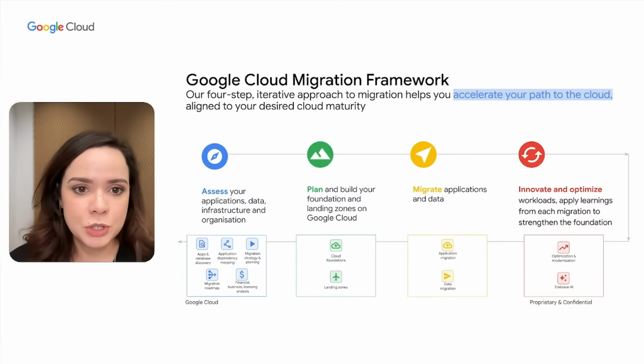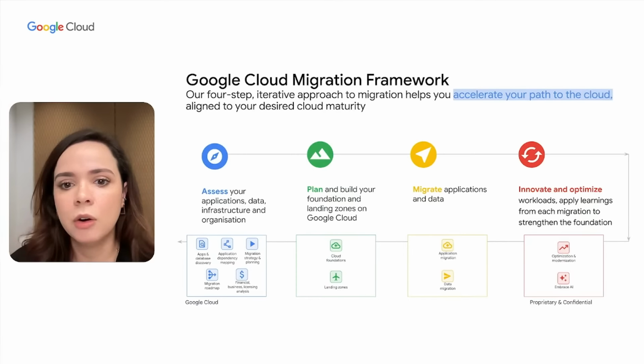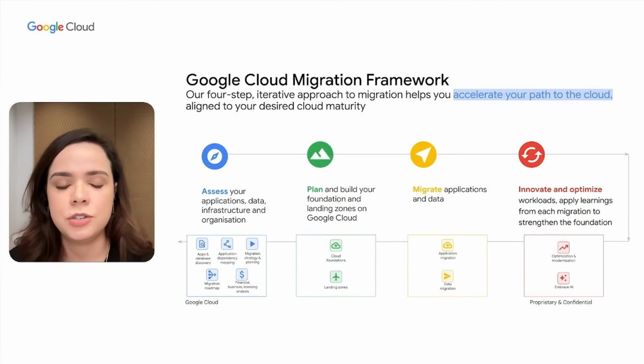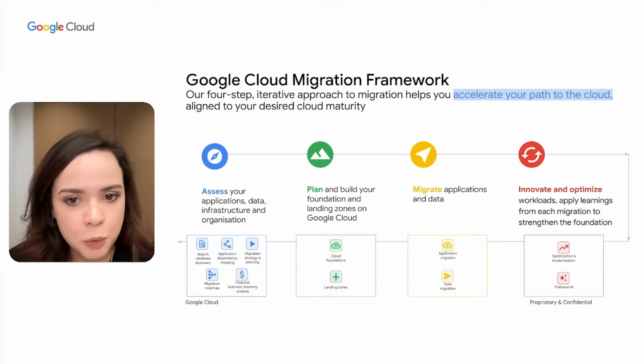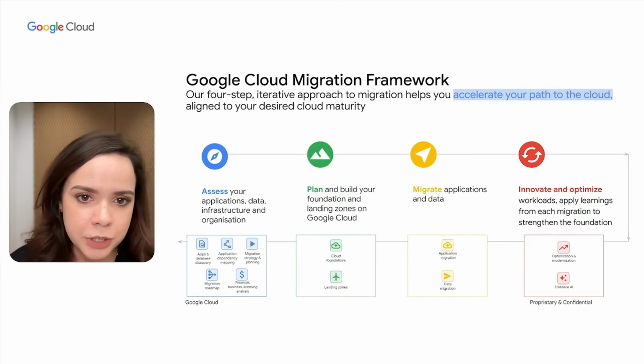Finally, once you're migrated, you can innovate and optimize. And in this part, you can, for example, start to use AI, or you can start modernizing by containerizing some applications, refactoring, re-architecting, and so on. And of course, you will repeat this cycle as you learn and improve with each migration wave.